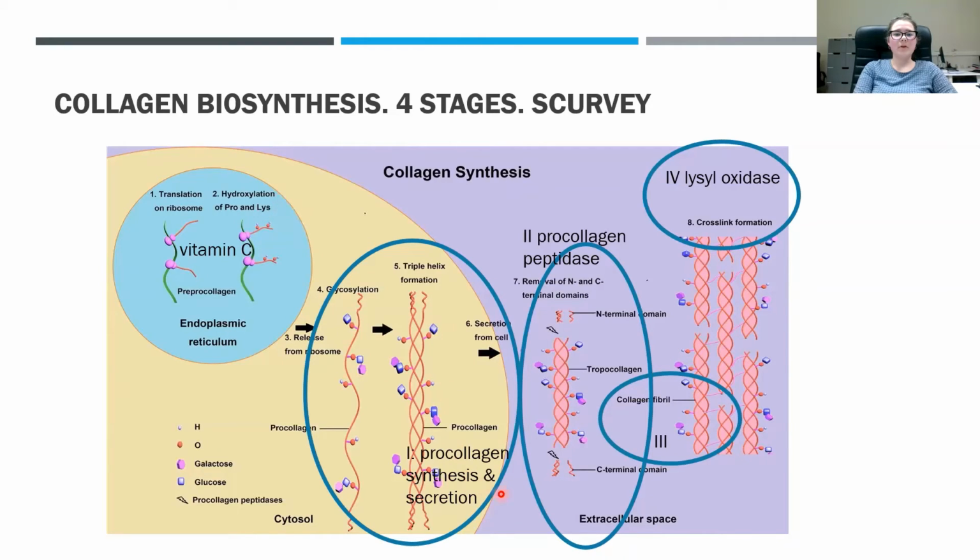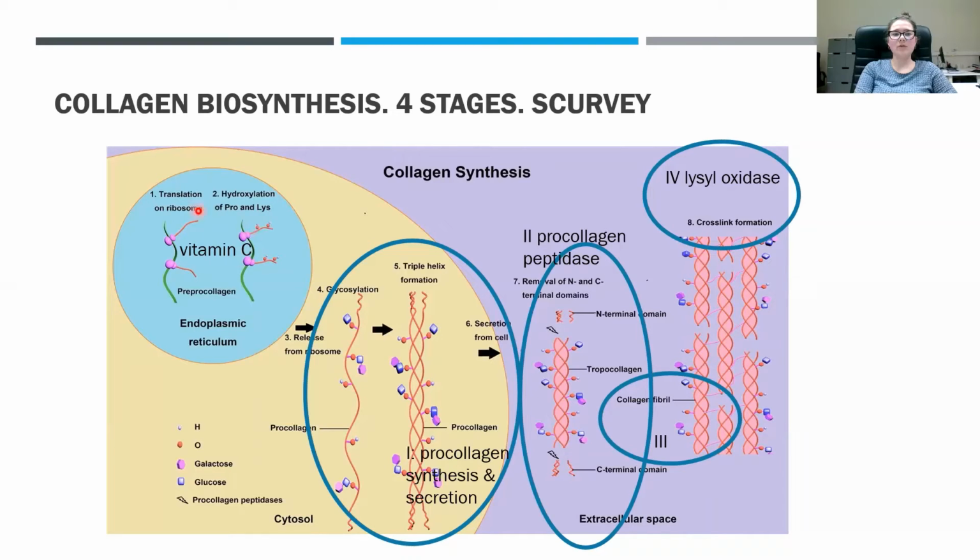This is procollagen synthesis and secretion. It's synthesized in the endoplasmic reticulum where we need vitamin C for hydroxylation of the collagen protein, hydroxylation of proline and lysine residues.